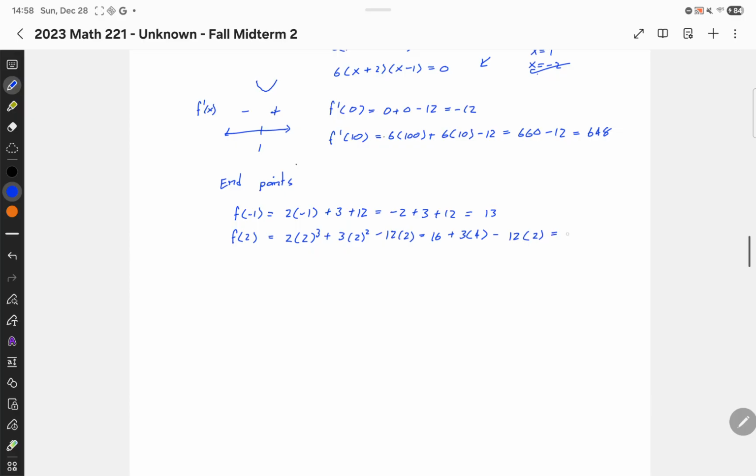This is going to be equal to 16 plus 12 minus 24. That is going to be, this first bit is minus 12 on the right side here, and then plus 16, that will end up being just 4.